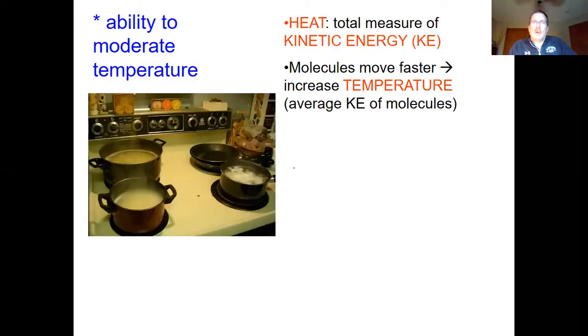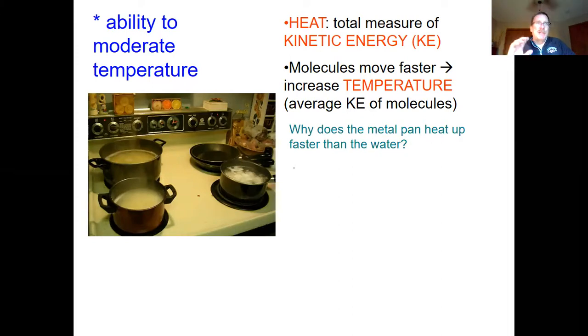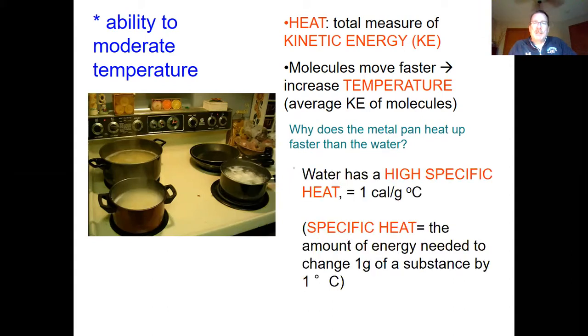Okay, so little reminders about heat. Heat is the total measure of kinetic energy: molecules move faster. That's an increase in temperature, which is the average kinetic energy, or speed, of the molecules. Why does the metal pan heat up faster than water? Because of those hydrogen bonds and the breaking and reforming and everything else, water can absorb much more heat.